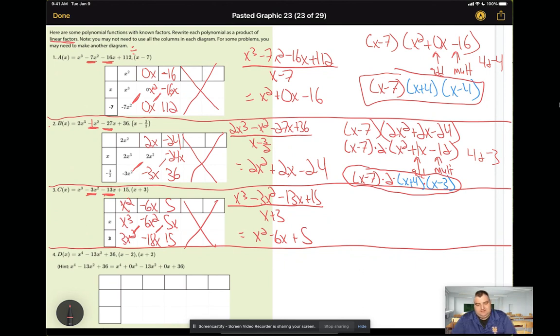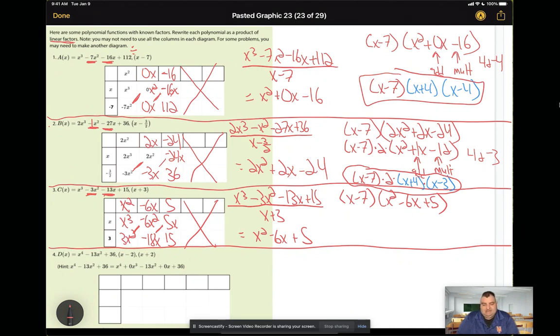So my two factors are x minus 7, okay, and then x squared minus 6x plus 5.